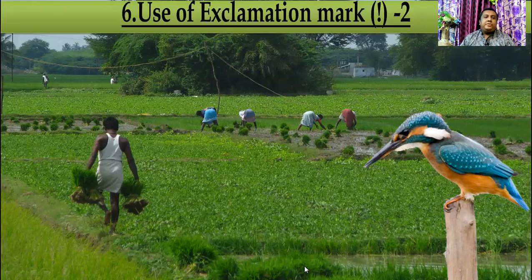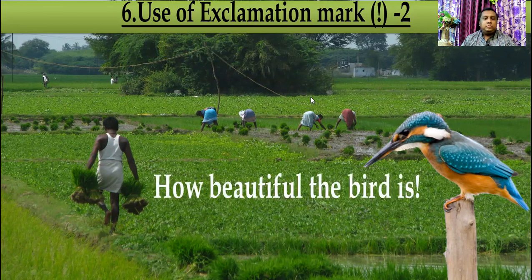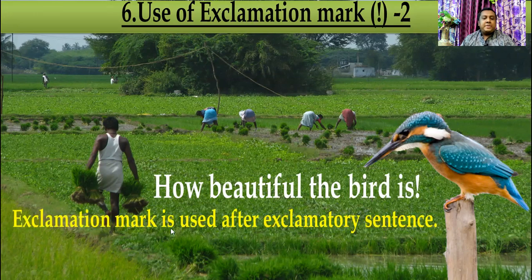My dear students, now we will introduce exclamation mark rule 2. How beautiful the bird is! An exclamation mark is used after an exclamatory sentence. So here you see, we use an exclamation mark at the end of an exclamatory sentence.